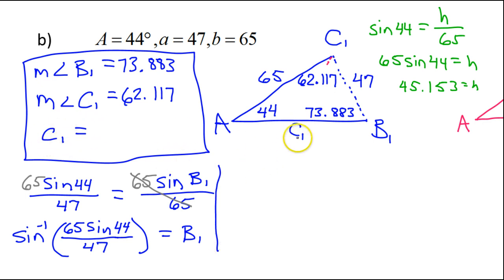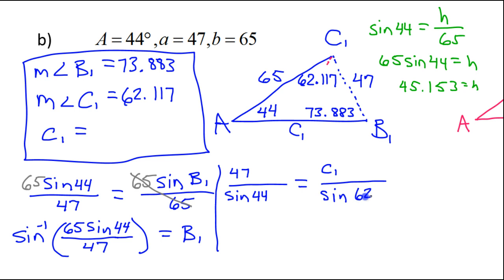Since I'm looking for a side, I'm going to put sides in the numerator. So this time I'm going to put 47 over sine 44. And that should equal C1 over the sine of 62.117.